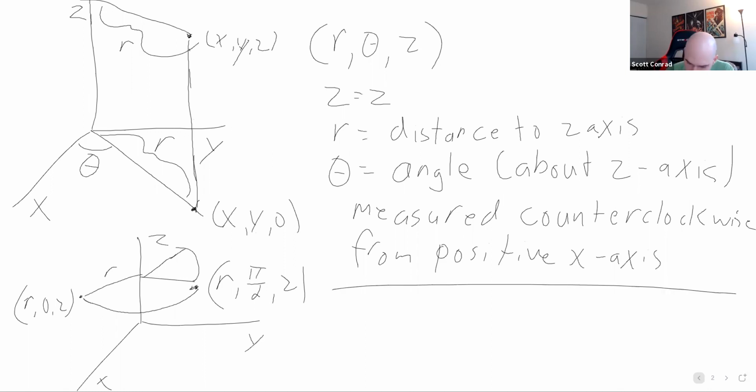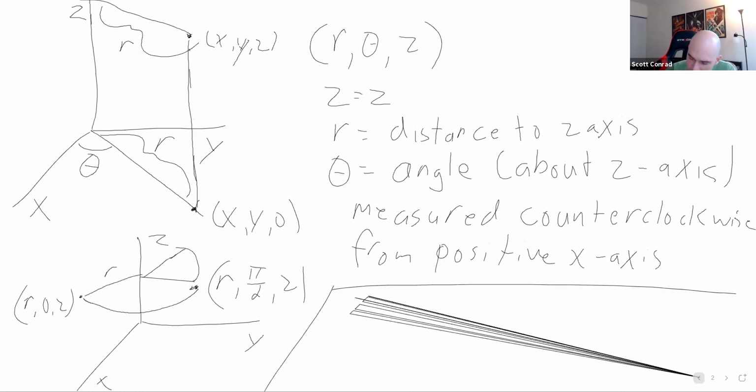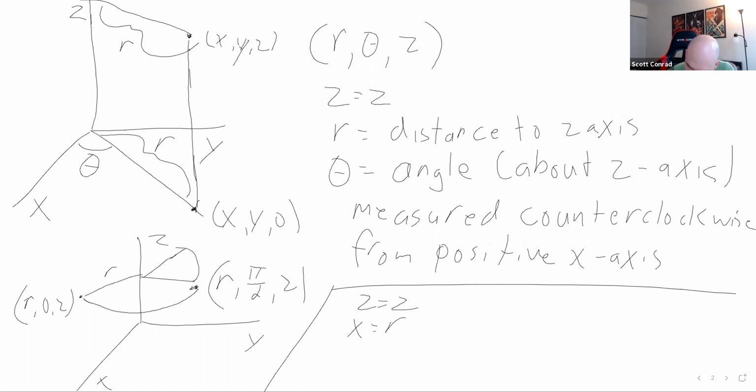So we have the relationships z equals z, and then the same polar relationships we had. x is r cos theta, y is r sine theta, and x squared plus y squared is r squared.